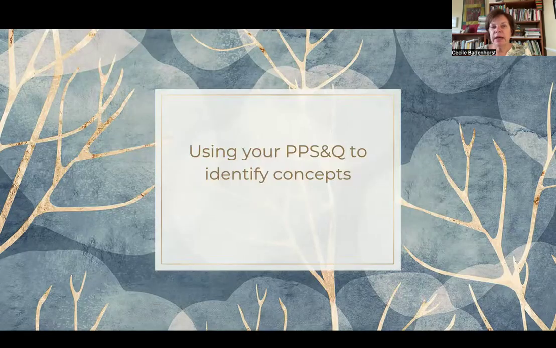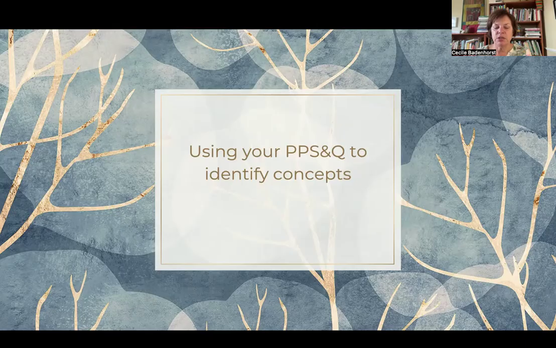So I want to show you how you can use your problem purpose statement and questions to identify the concepts. If you don't know what a problem purpose statement and questions are, I have a number of videos on this, so please go and have a look at that. But essentially, it's a technique to help you conceptualize your research, and it gets you to think about it.